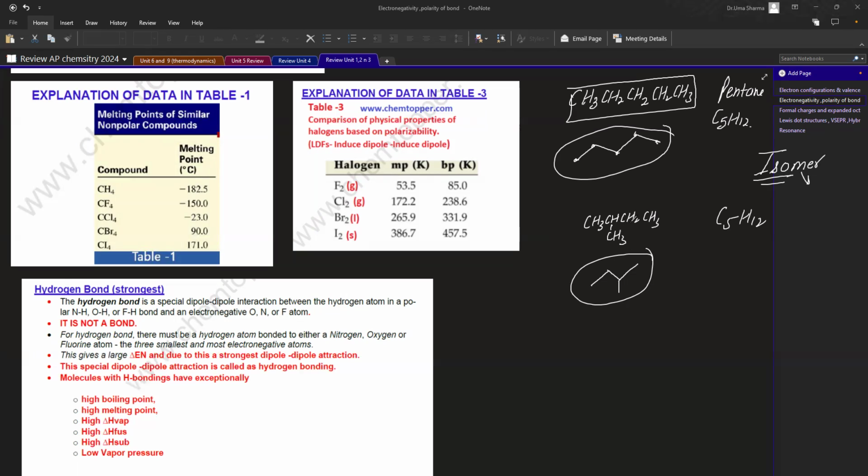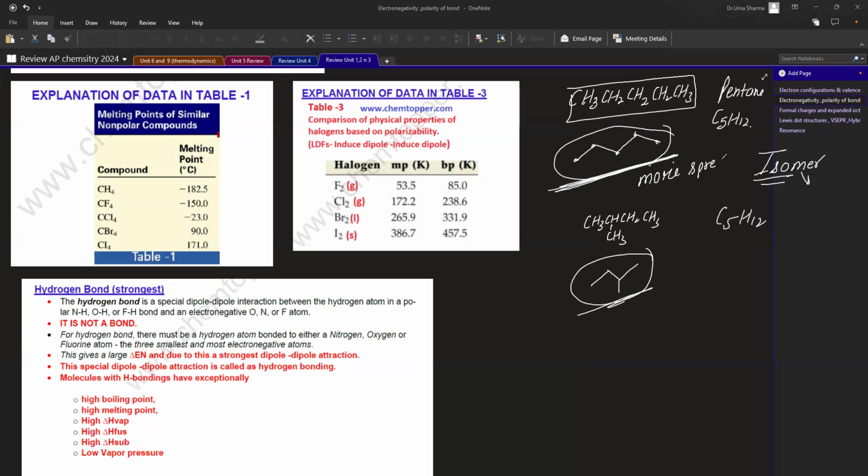So now can you tell me which one has more surface area, a more spread out shape? This one is more spread out.